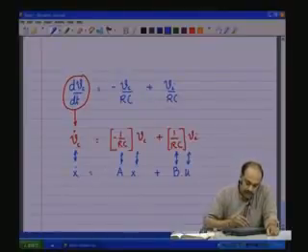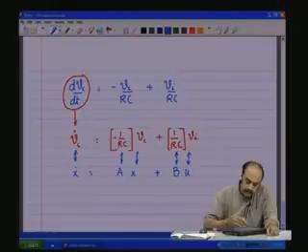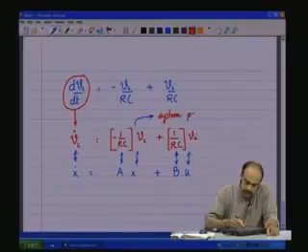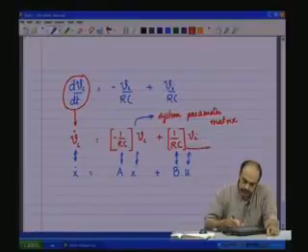Vc dot, Vc is the state variable, which is x. A is the parameter matrix, the system parameter matrix. B is the input matrix.